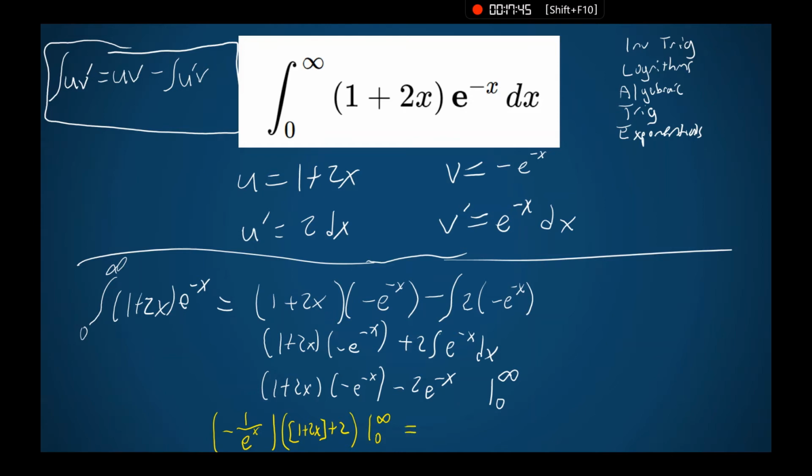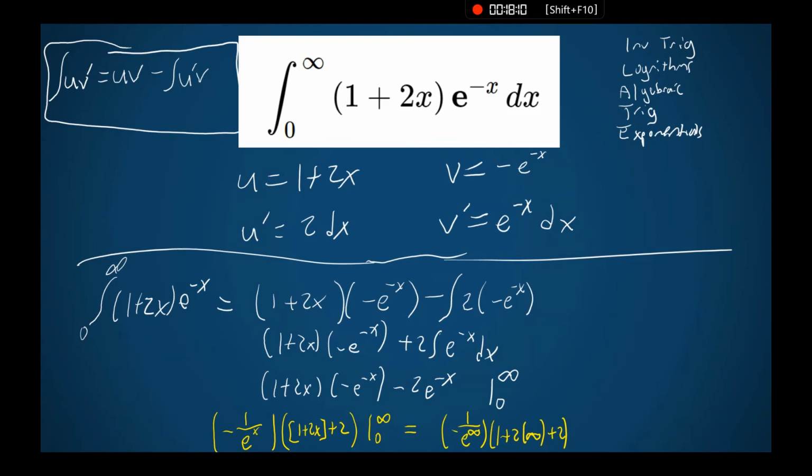So I'm going to plug in my upper bound. What is negative 1 over e to the infinity power? Zero. Negative 0.